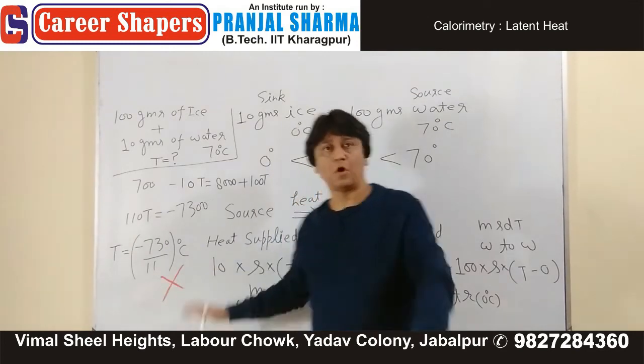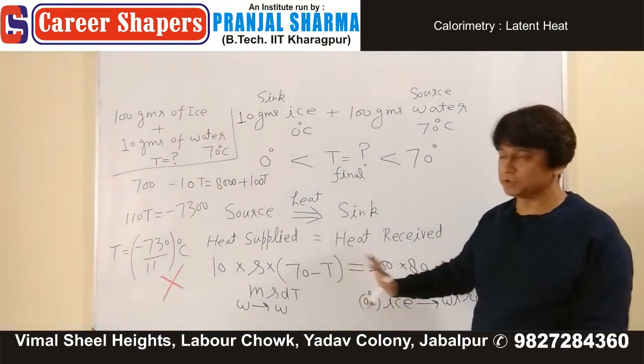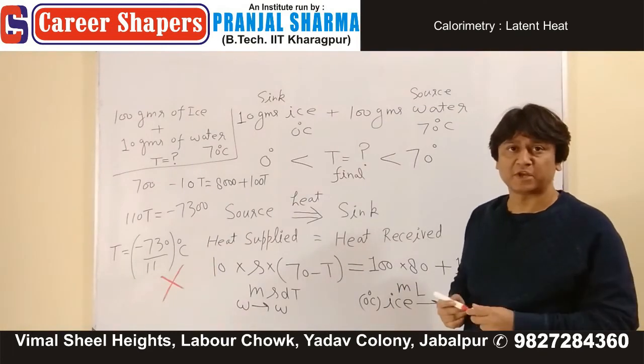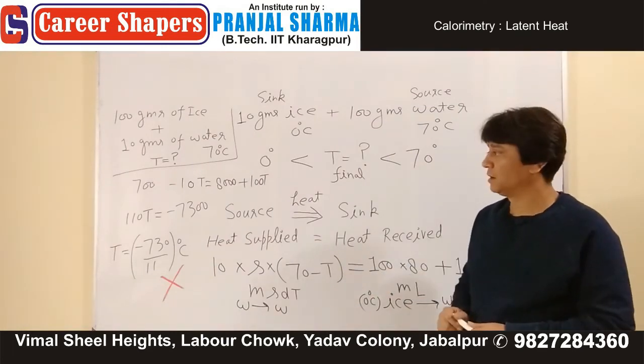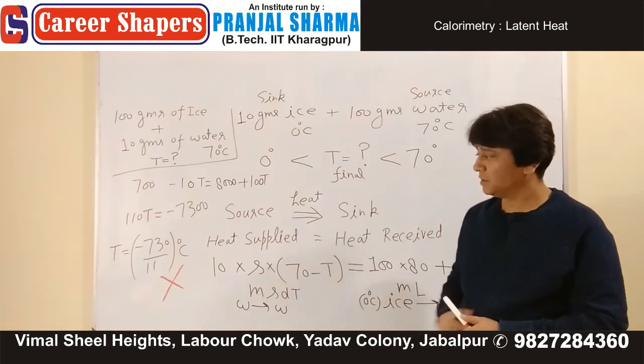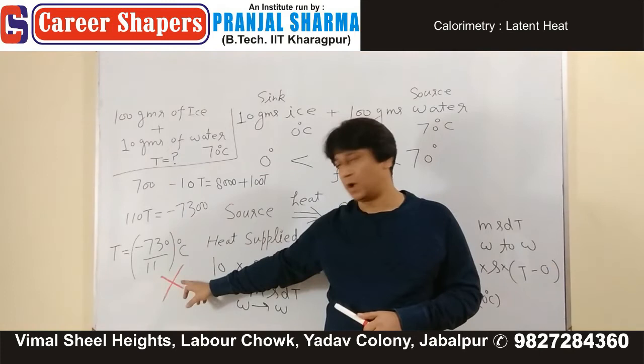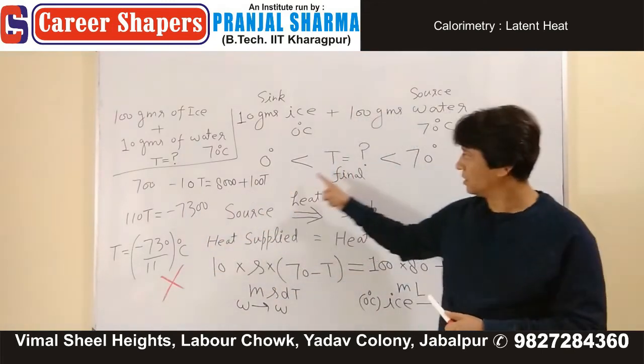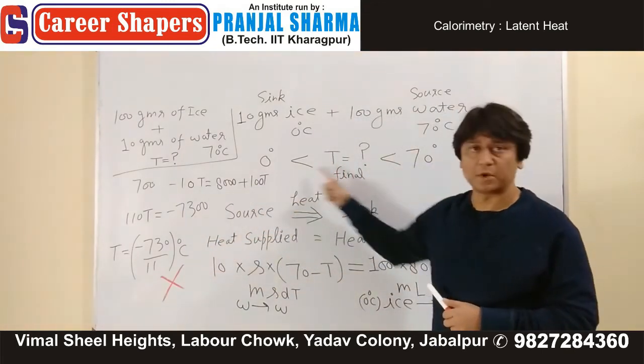There is nothing wrong in the calculation part as such. There is no silly mistake of plus and minus sign. Everything is correct calculation wise, but this answer is not correct. Why? Look at this requirement.